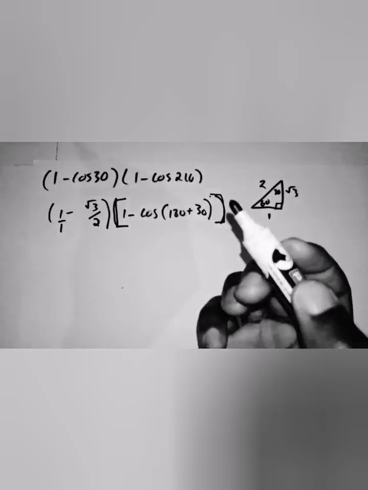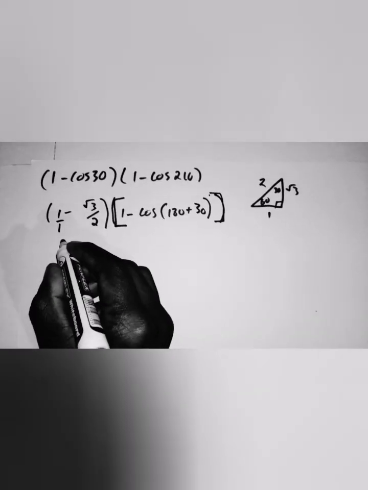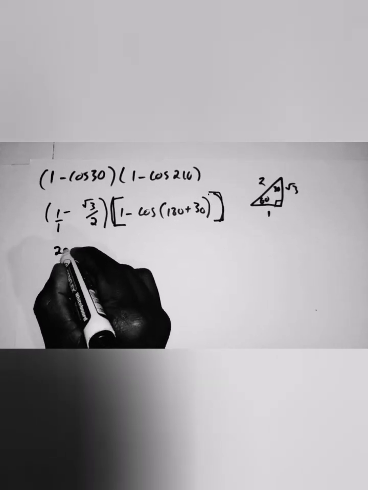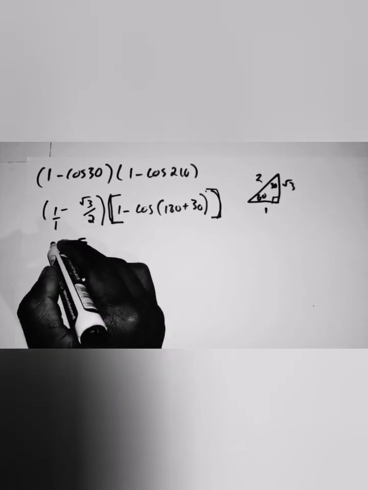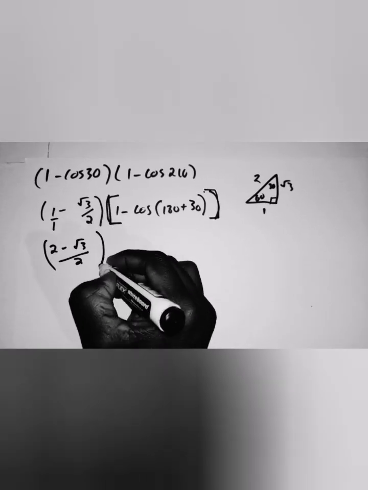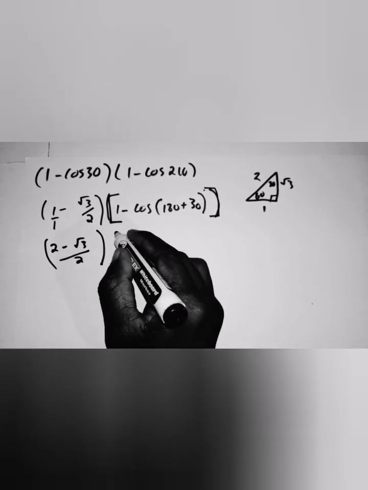Over 1, do cross multiplication here, these times that, it is what? It is 2 minus root 3 multiplied by 1, which is root 3 over 2. 1 times 2, it is 1. And I put my brackets here.